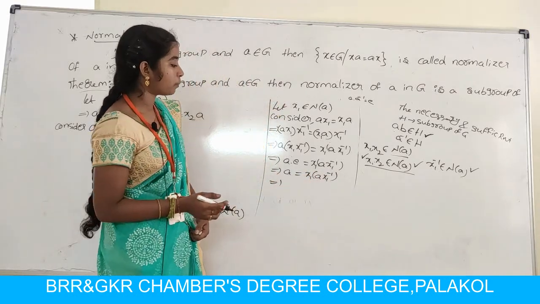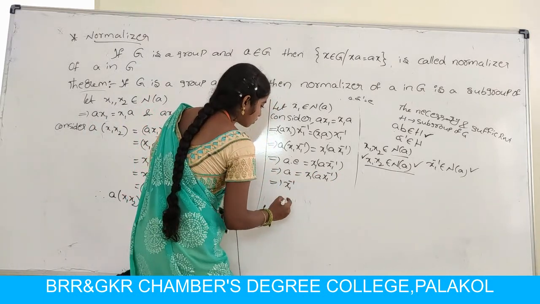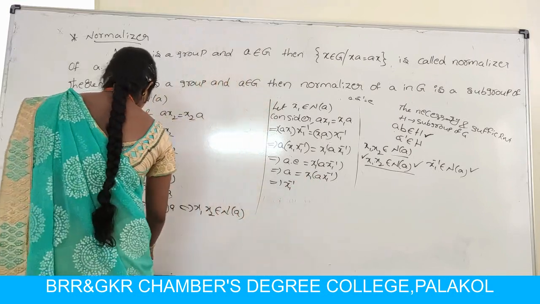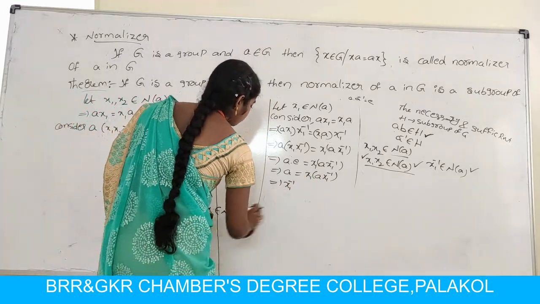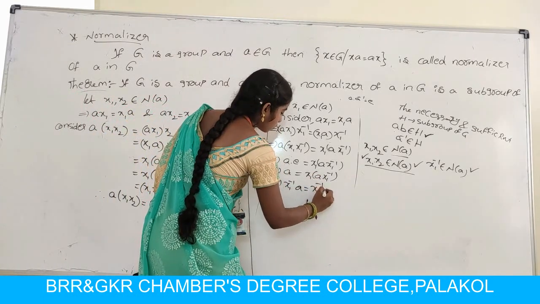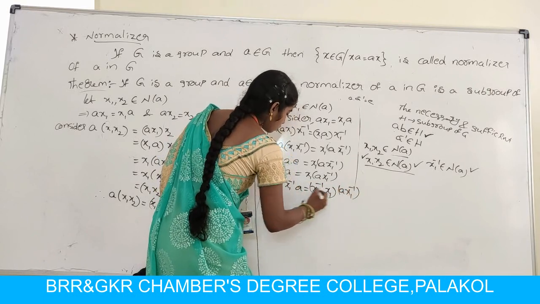So a equals x1 a x1 inverse. Multiply on both sides on the left by x1 inverse: x1 inverse into a equal to x1 inverse into x1 into a into x1 inverse.